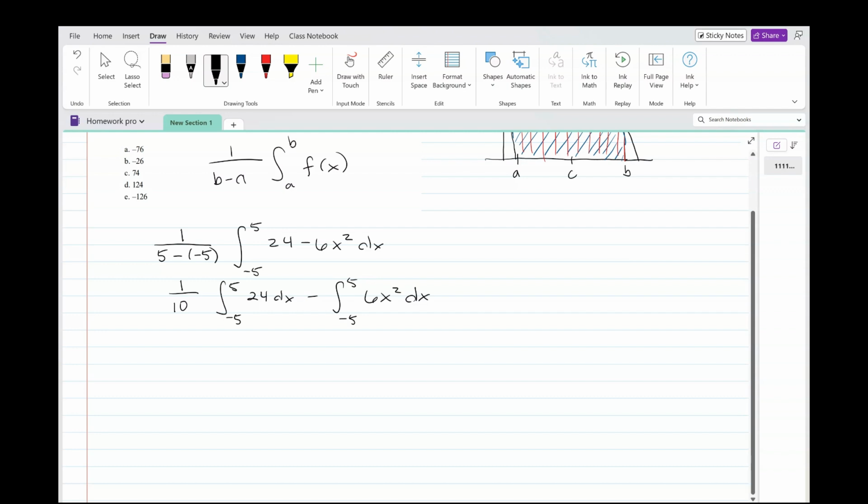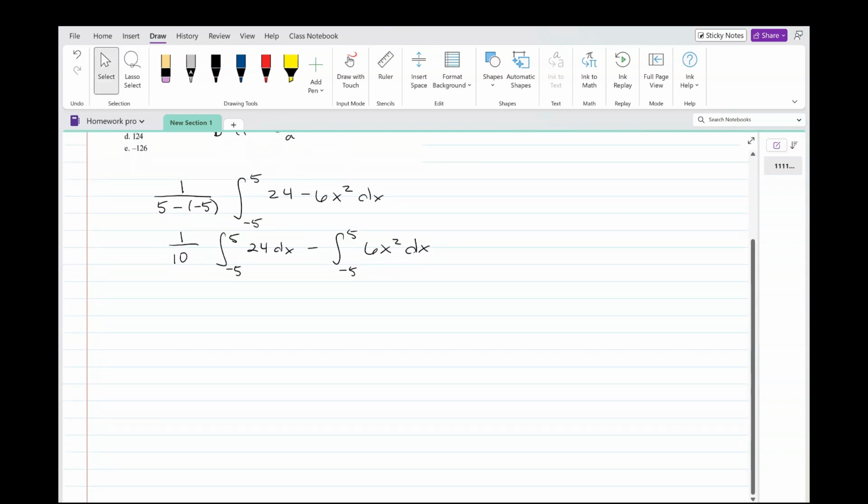So let's just work with taking the integral. Remember the 1/10, I'm going to go ahead and put brackets here because I've got to remind myself that the 1/10 is going to be distributed to my whole answer, not just given to this integral right here.